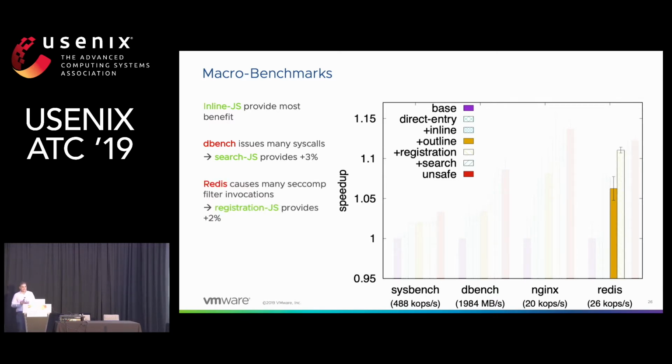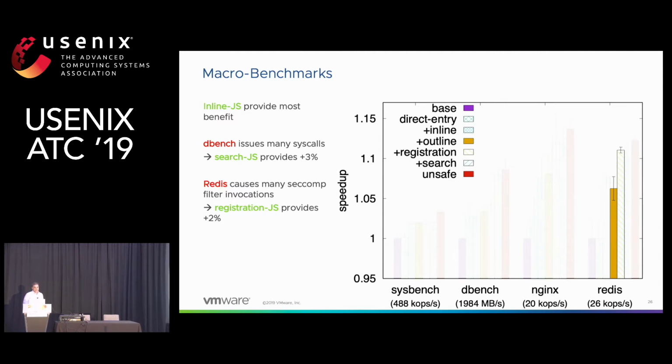The case of Redis is interesting. It turns out there is a system in Linux called seccomp, which is a mechanism that lets user space define system call filtering, saying that some system calls should not be executed because the application does not need them, and therefore they should not be executed if by mistake a process is compromised. Seccomp is nice, but when you attach many filters, each one of these filters that says whether a system call should be executed or not is invoked using an indirect branch.